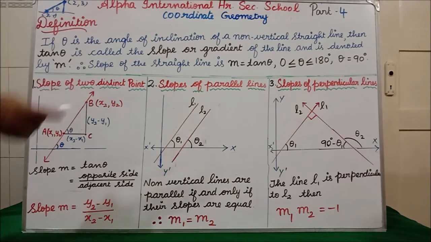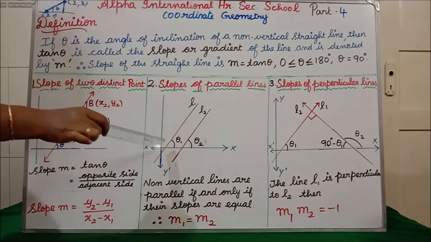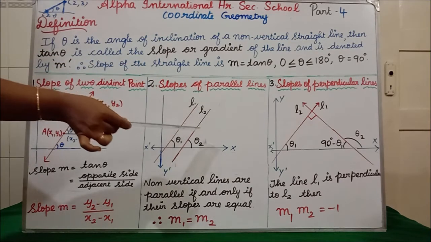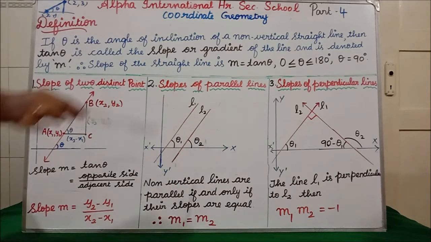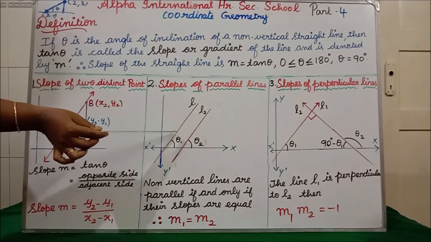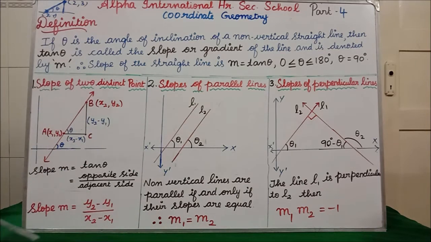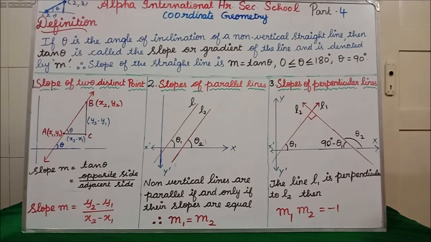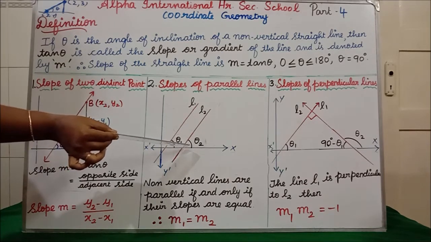Next, the slope of parallel lines. In the question they will ask you to find the slope of parallel lines. See, here one line is L1 and another line we are taking, and these two lines are parallel. This is one slope and this is another slope. See, I have drawn the angle of inclination. I have told you the angle of inclination has to be drawn in the counterclockwise direction from the positive direction of x.